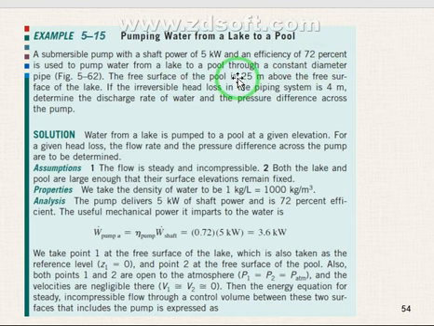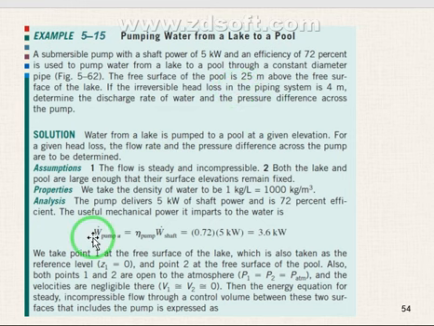It's going to pump water 25 meters from the lake to the top of the house, for example. If we know the head loss here is 4 meters, we need to calculate two things. The first one, the discharge rate, how much this pump can discharge, so we know how much time is needed to fill the pool if we have the volume, for example. And the pressure difference across the pump.